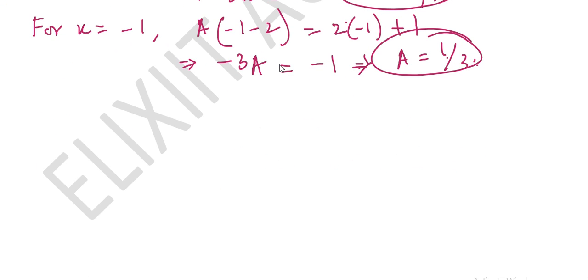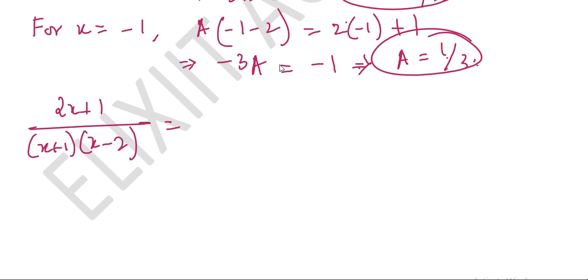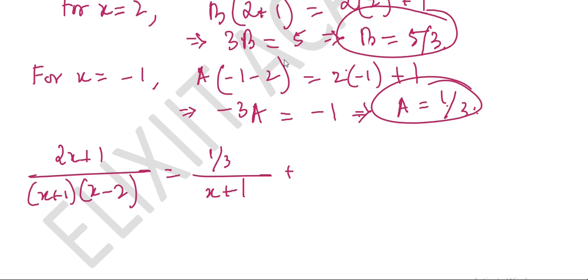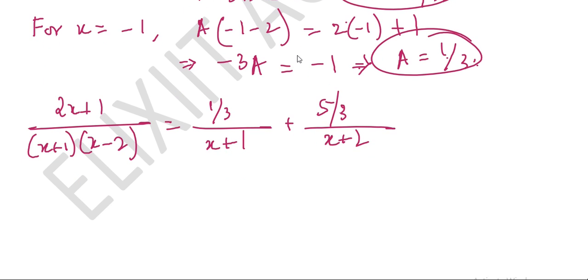So this was 2x plus 1 divided by x plus 1 multiplied by x minus 2. Now we are going to simply replace the value of a and b. A was 1 by 3 divided by x plus 1, and b was 5 by 3 divided by x plus 2. Sorry, this was x minus 2.